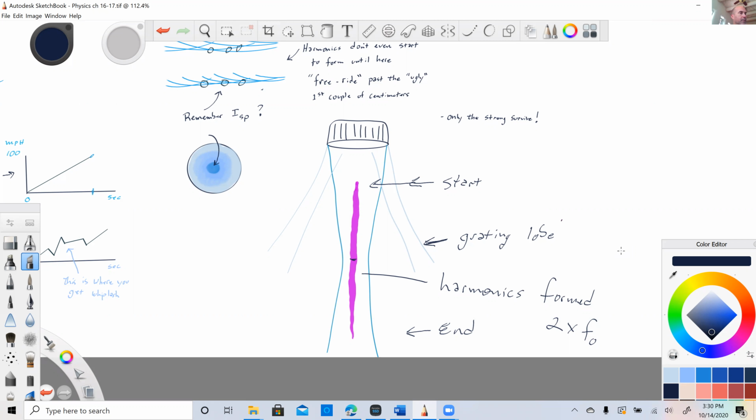He has a little graph on page 273 where the harmonic image doesn't start immediately, but it's strongest here, and then bleeds off as we go down.